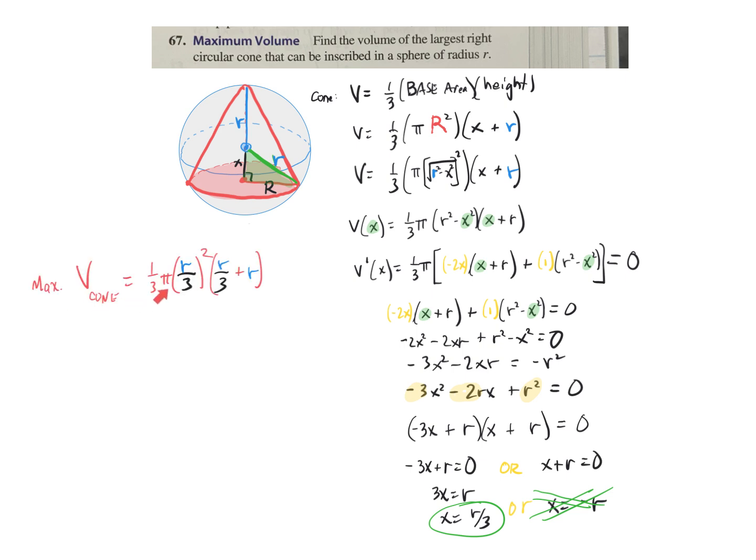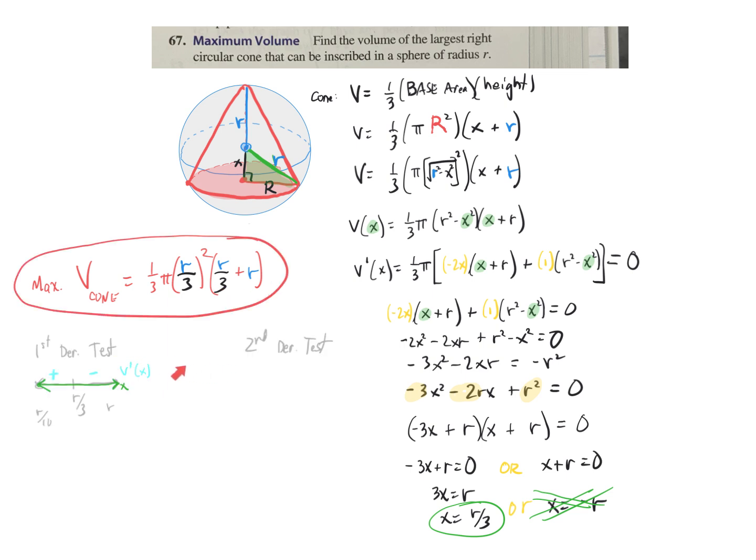So the maximum volume will be 1/3 pi times the radius, which is r/3 squared, multiplied by the height of the cone, which is x plus r/3 plus r. There's two ways we can show that this is where there's an actual maximum volume. With the first derivative test, the number line represents the x values, and r/3 is our critical value, so something smaller could be anything, like maybe r/10, and something bigger could be r.